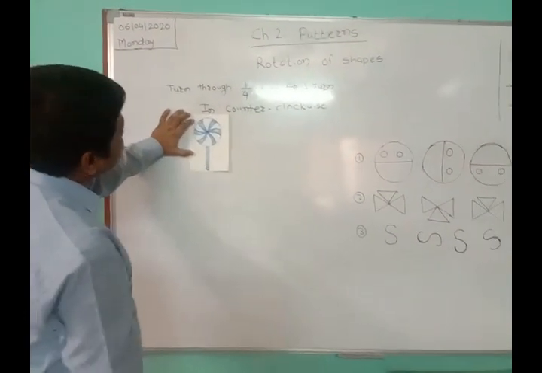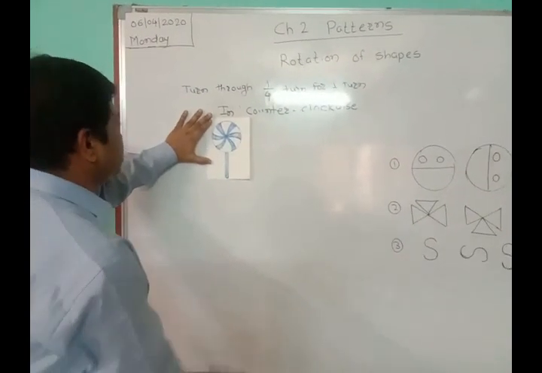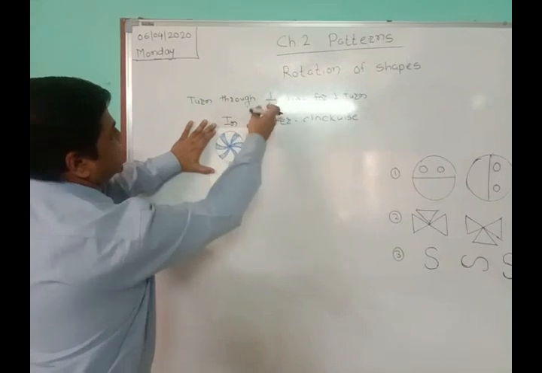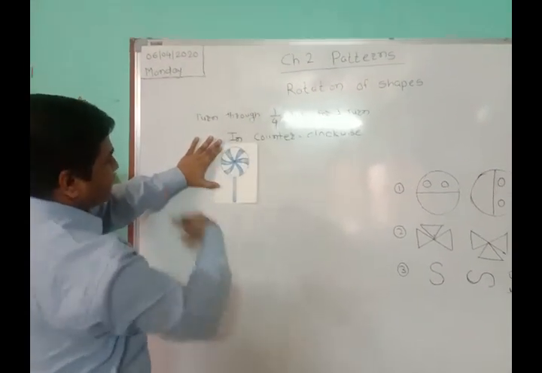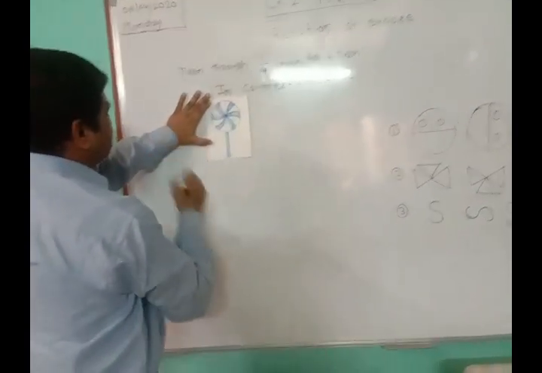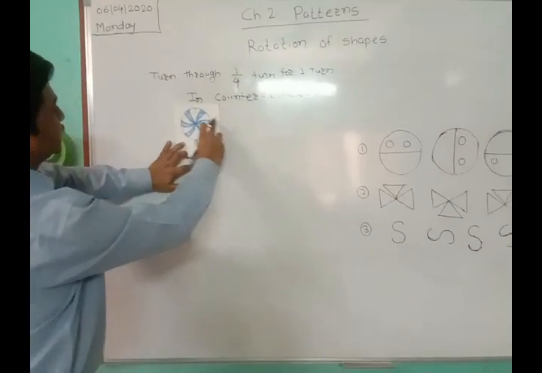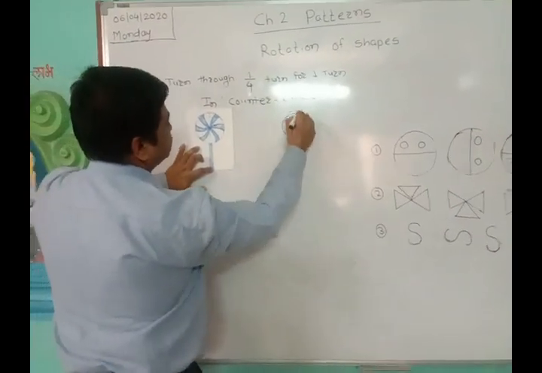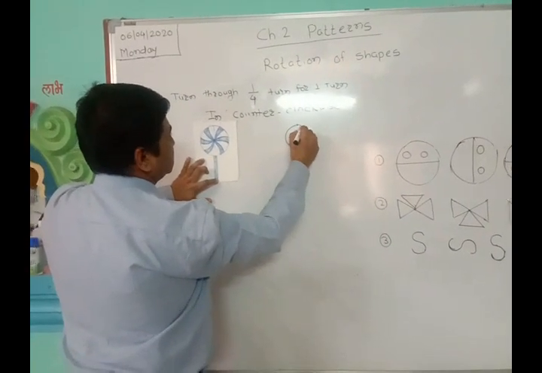Our next shape is nothing but a lollipop, a candy you like to eat much more. We are going to rotate it in one fourth of a turn for one complete turn in counterclockwise direction. So for that, I am again taking a reference line, which is a vertical line, and I'm going to turn this from the bottom. So the initial position is like this.